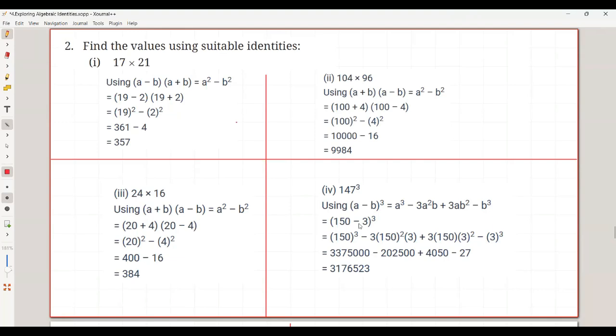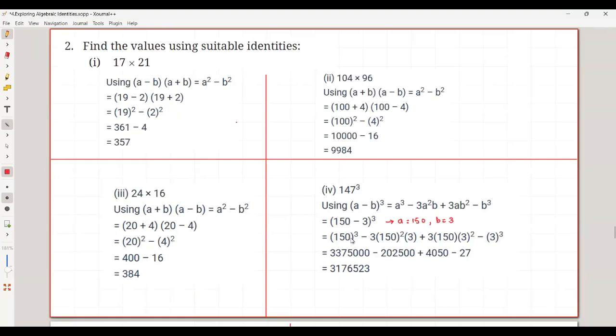So here a value is 150. A is equal to 150 and b value is 3. Okay, b is equal to 3. So replace the value 150 the whole cube minus 3 into a square b plus 3 a b square minus b cube.